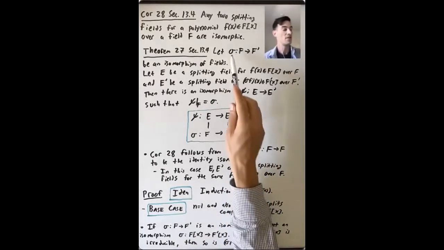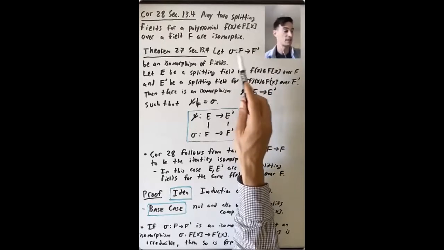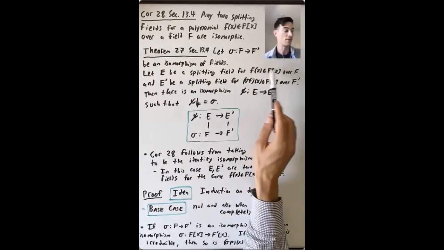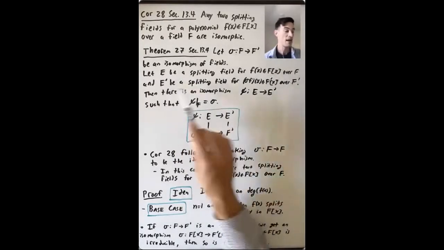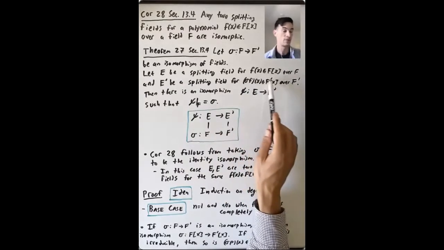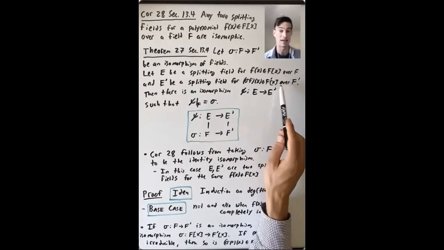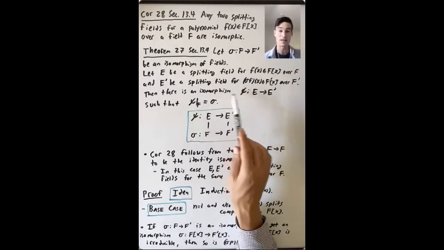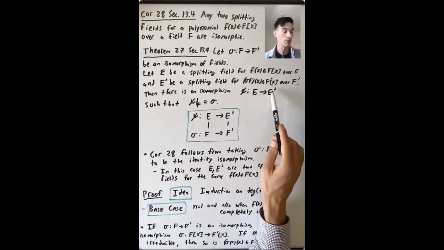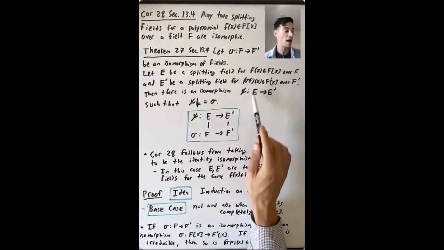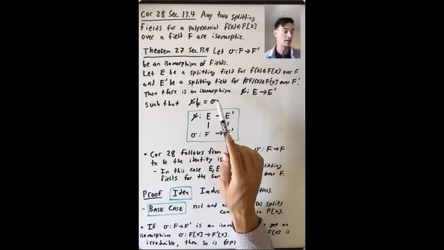It says, if you have sigma, an isomorphism between two fields F and F', and E is a splitting field for f of x in F[x] over F, and E' is a splitting field for sigma of f of x, which is a polynomial in F'[x] over F', then there is an isomorphism psi from E to E' such that if you restrict psi down to F inside of E, you get this original isomorphism sigma.